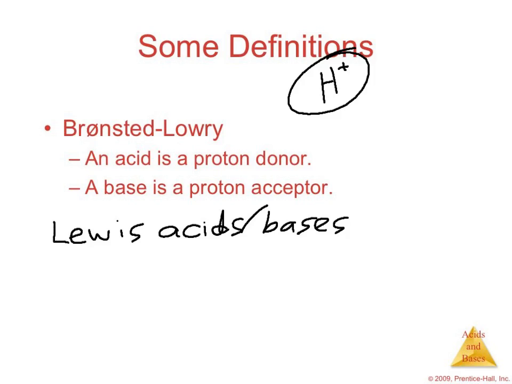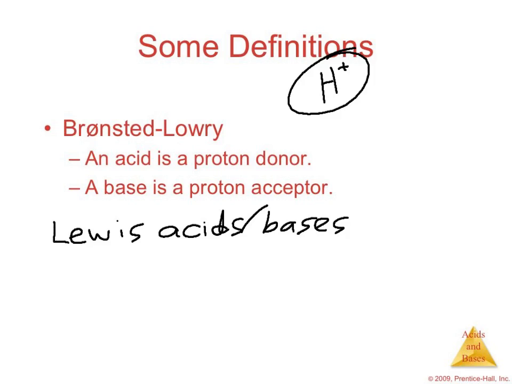The base is a proton acceptor, so it changes the definition a little bit. It may not be increasing the concentration of OH− in the solution necessarily, but as long as it's accepting an H+ from somewhere else, then you could call it a Bronsted-Lowry base. I'm trying to think of a good example of that.